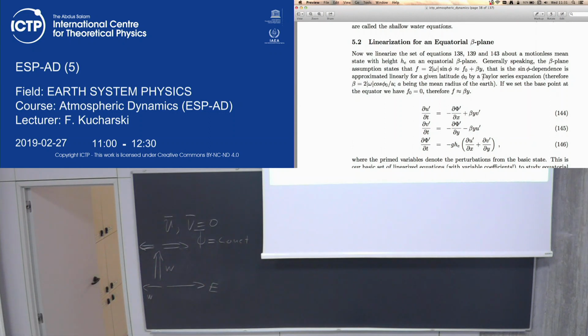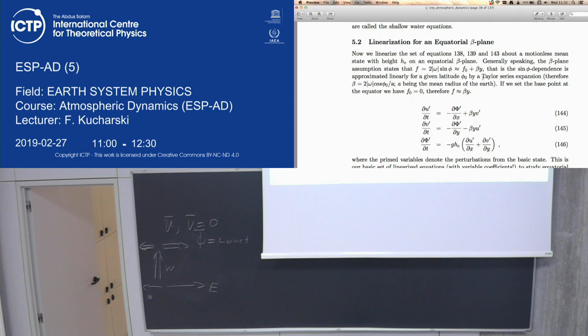And then if you look back at our lecture, we have derived that this is the set of equations, the first order perturbation equations after linearization. The difference is, instead of an f0 here, we have beta y.